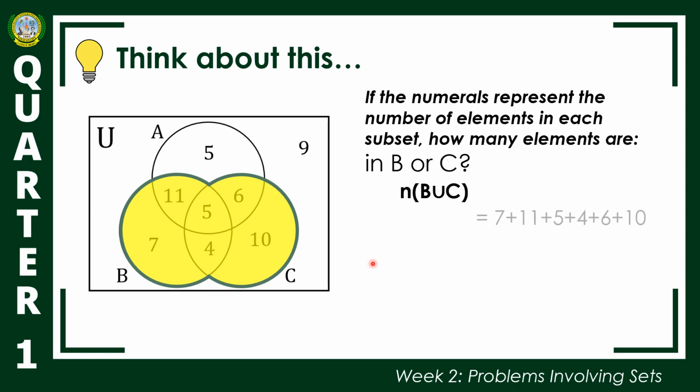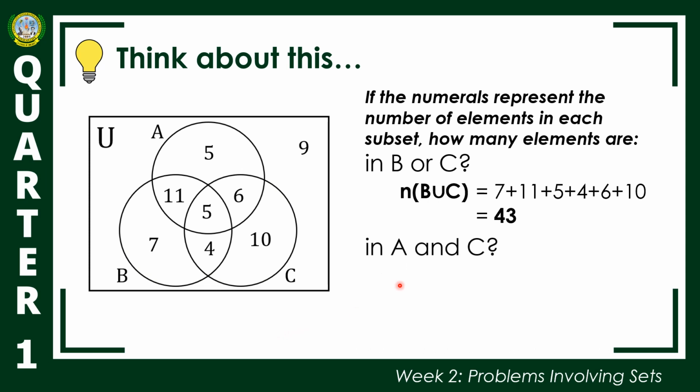So, we have 7 plus 11 plus 5 plus 4 plus 6 plus 10, and that is equal to 43. So, there are 43 elements in B or C.